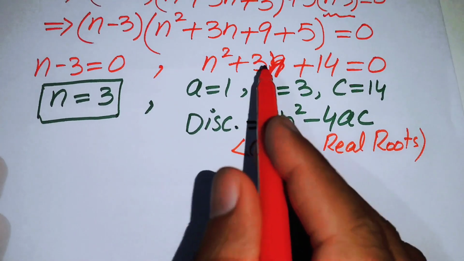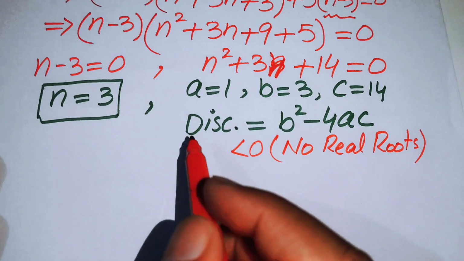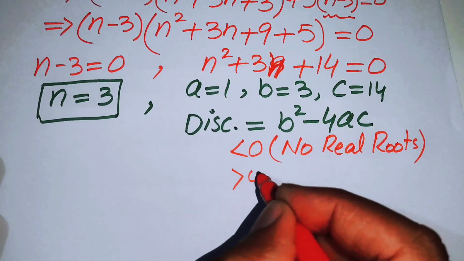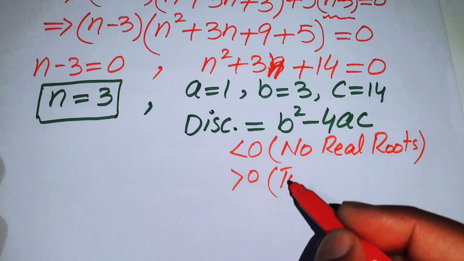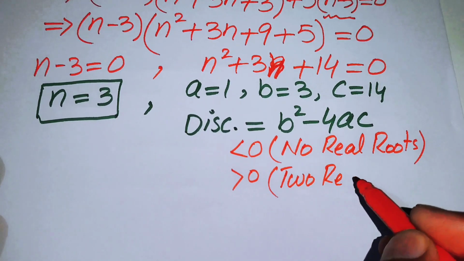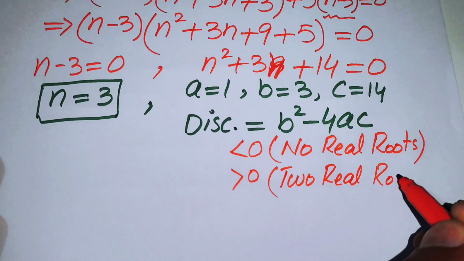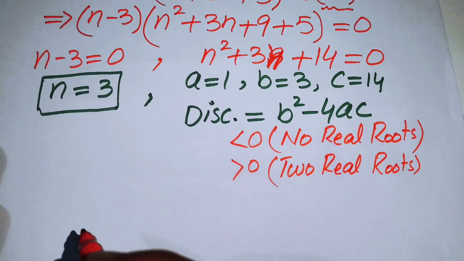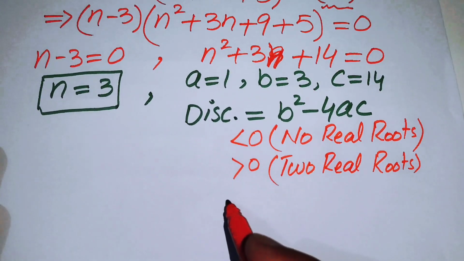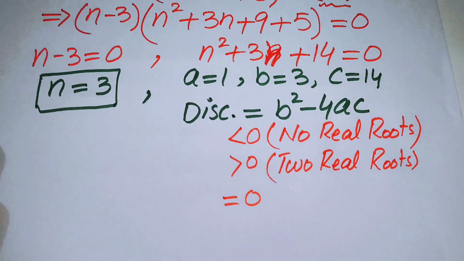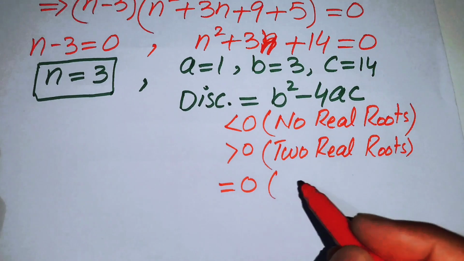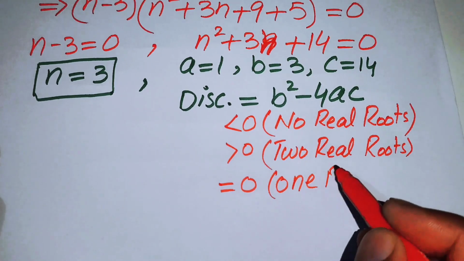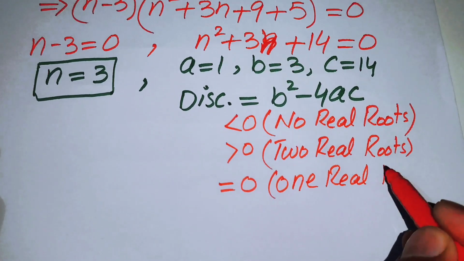And if the discriminant is greater than 0, then this quadratic equation has two real roots. Similarly, if the discriminant is equal to 0, then this quadratic equation has one real root.